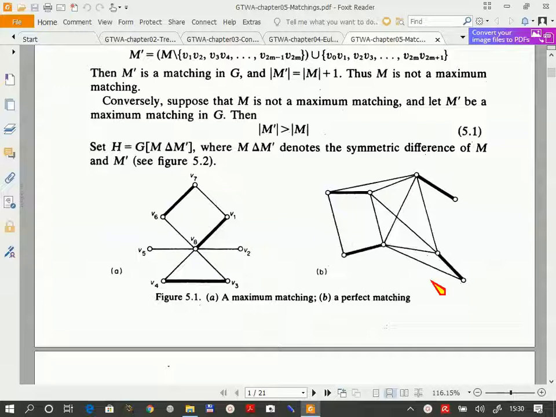So I copy it here. Okay, so I don't repeat what is already in the book, but I show you, for instance, this.